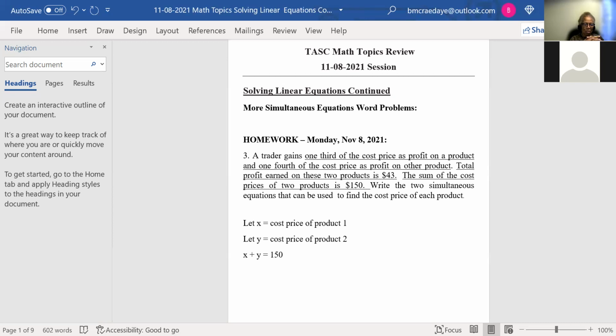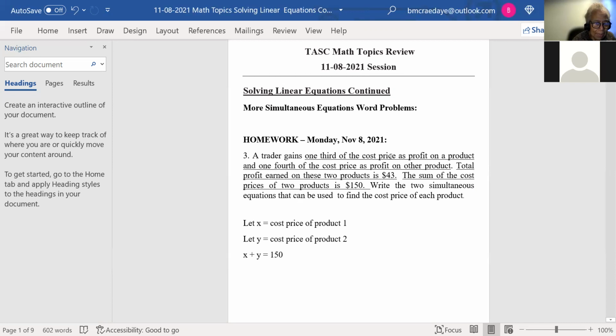Well, that's the fraction, but what operation? Am I dividing, multiplying, subtracting? When you say 1/3 of the cost price, how do you write that, Maureen?